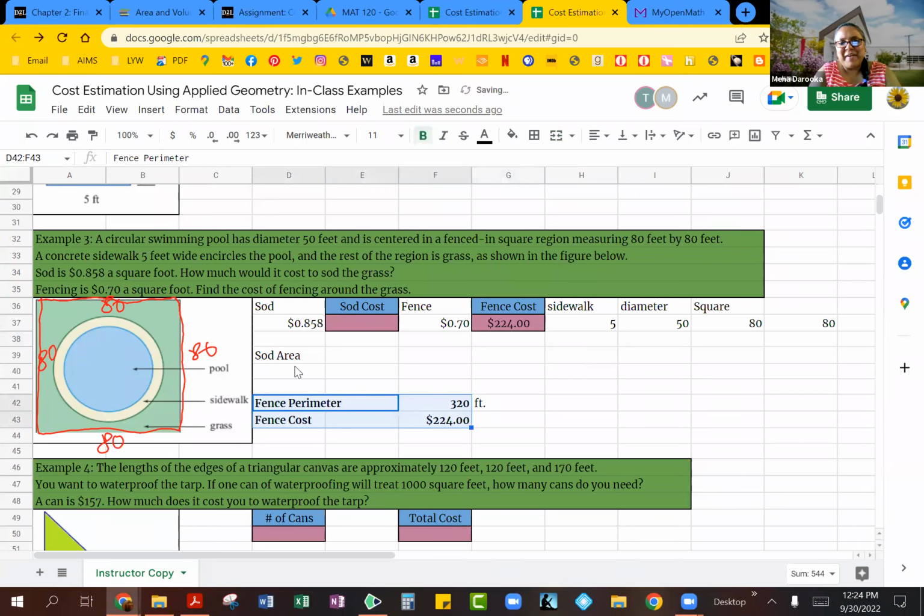Okay, so like I said, the fence was the easy calculation. We're done with that. Now, how are we going to calculate the sod area? Because you have to think about, well, I'm not going to put sod on top of my swimming pool or the sidewalk. So how do we calculate that area first, guys?